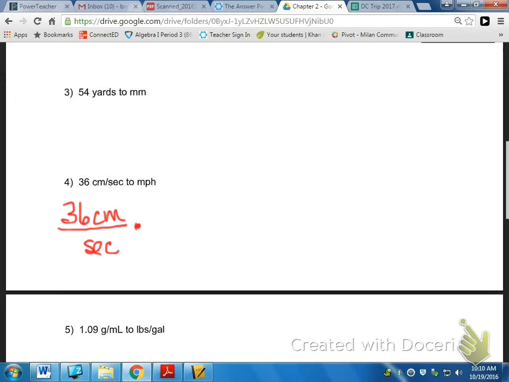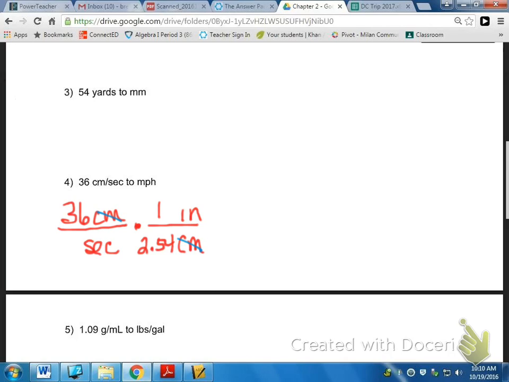So I'm going to do this ratio first. I have centimeters on top. So where am I going to put centimeters in the next ratio? So it cancels out. So centimeters, and I know the ratio between centimeters and what? Inches. And what I had you guys write down was 1 inch to what? 2.54 centimeters. Okay, now keep in mind, my centimeters are now gone, right?